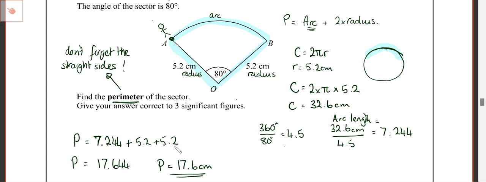No, but that is 5.2 times 2. That's that bit. I think what you did was divided the whole thing by 4.5. You added them first and then divided. I think that, so basically, yeah, there's your mistake.